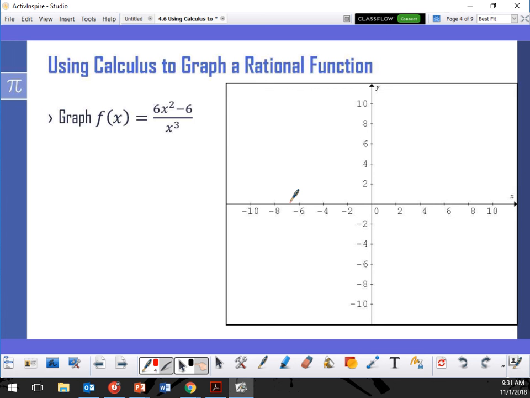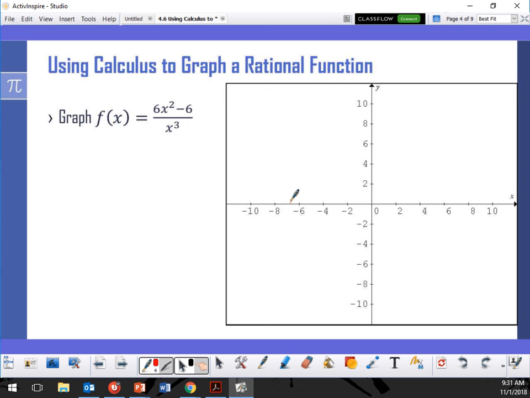Okay, so now, do I have a horizontal asymptote? How do I check for asymptotes? Are the degrees the same? No, the degrees are not the same. Which one has a bigger degree? The bottom. Bottom has a bigger degree, so therefore it has a horizontal asymptote at 0.